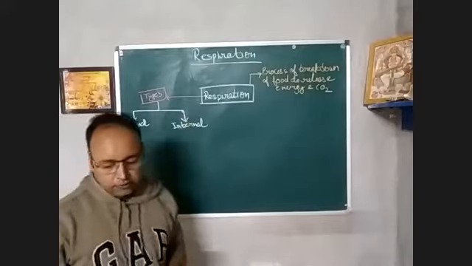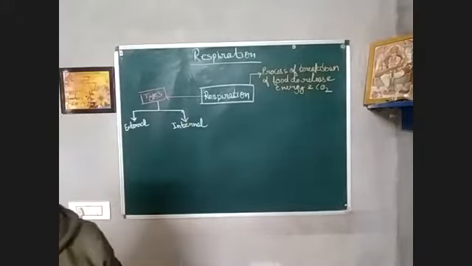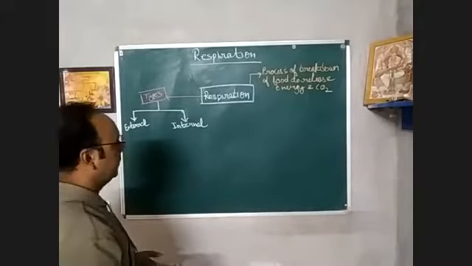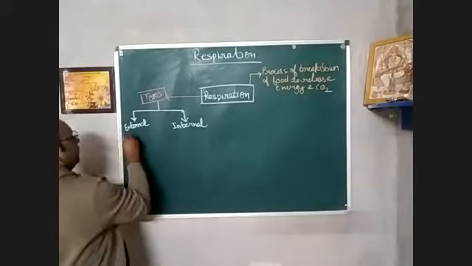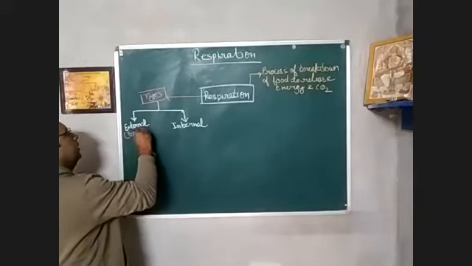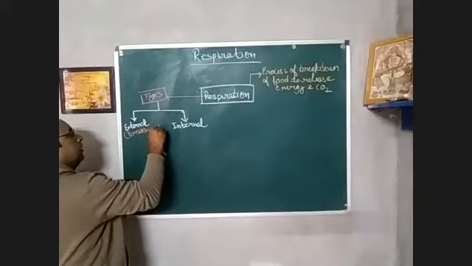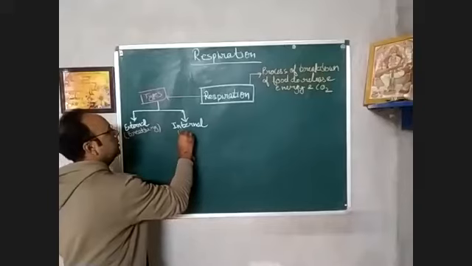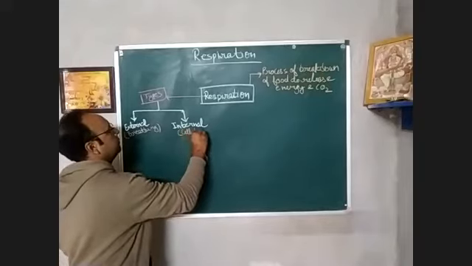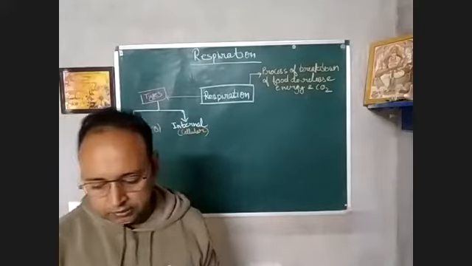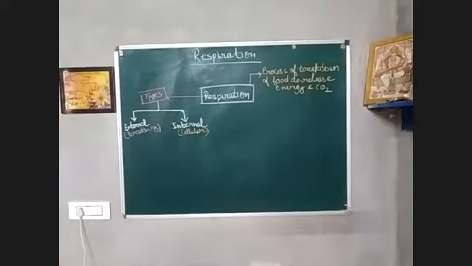What is the meaning of external and internal? External means which takes place outside the body and internal means which takes place inside the body. By external I mean nothing but breathing, that is outside. And by internal I mean cellular respiration, we have discussed this term.